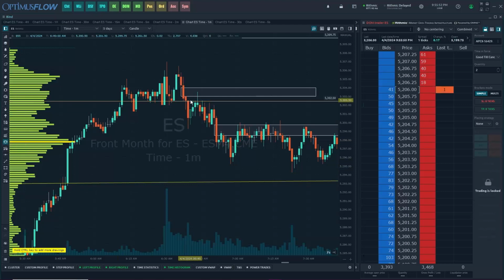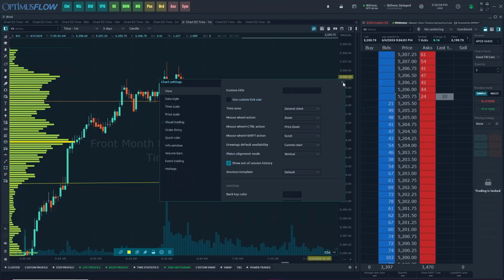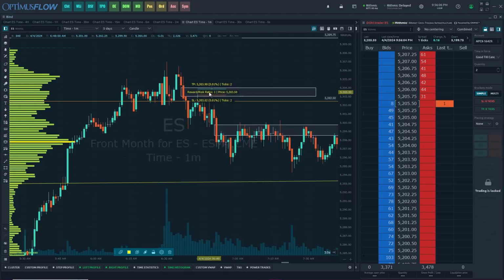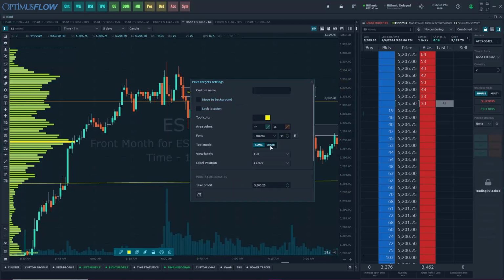we could use the price target feature and say we wanted to enter in this fair value gap. We would switch this to short.